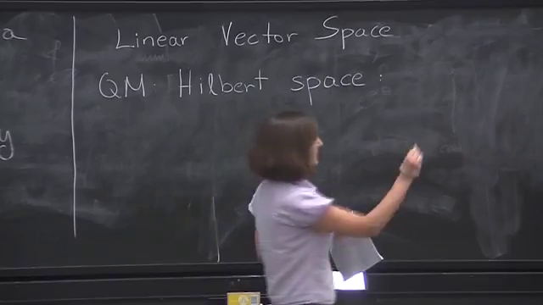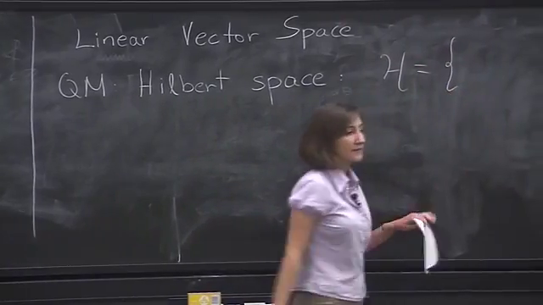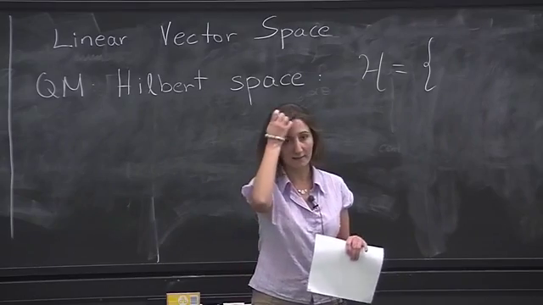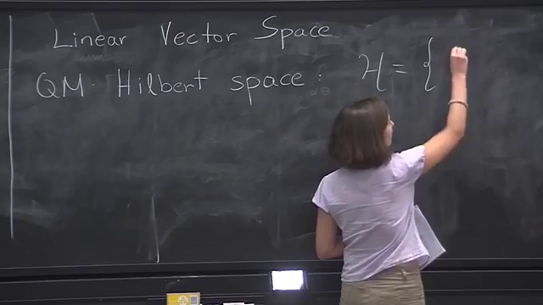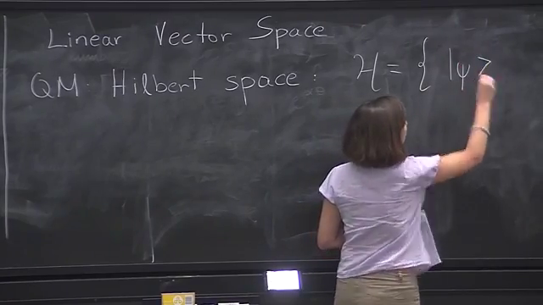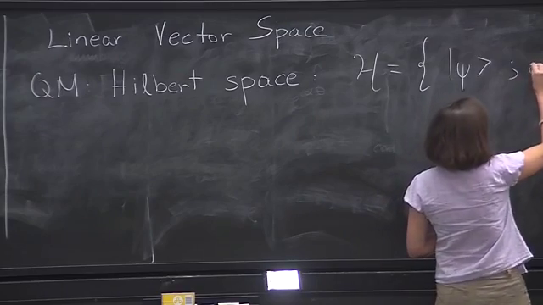What is a Hilbert space? It is a set of all the physical states in a quantum mechanical system. So I will be using Dirac's notation and use psi to denote all physical states.